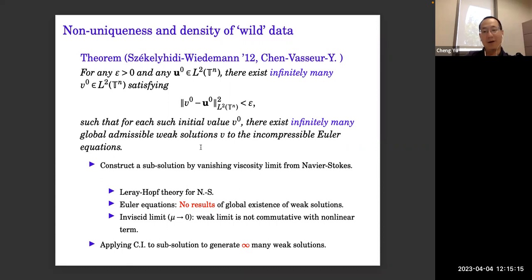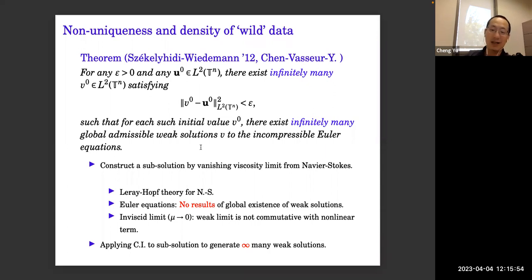And for this result, the proof has two key steps. The first key step is to construct a subsolution by the vanishing viscosity limit from the Navier-Stokes equations. Since Leray's theory is well known for the Navier-Stokes equations, but there is no global existence result for the incompressible Euler equations in 2 or 3 dimensional space.